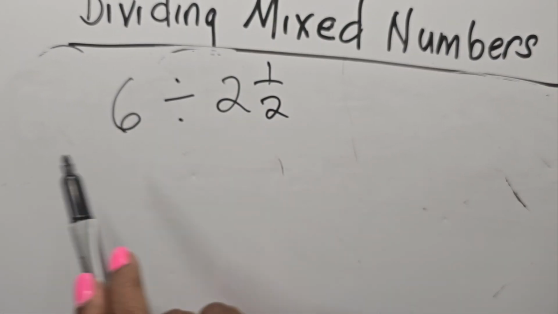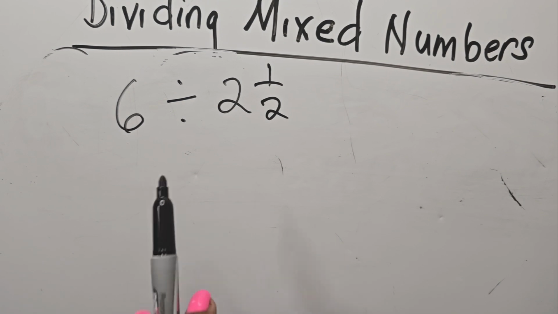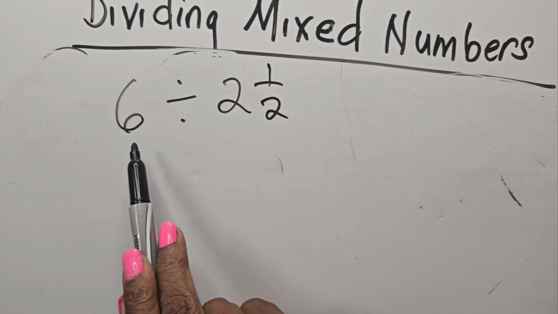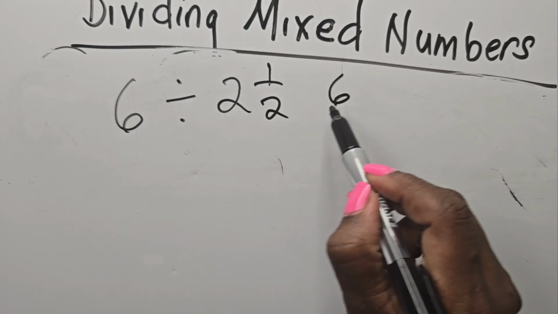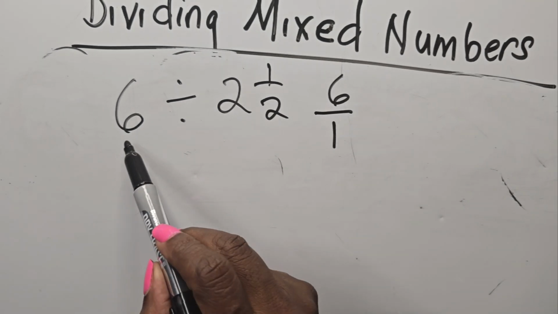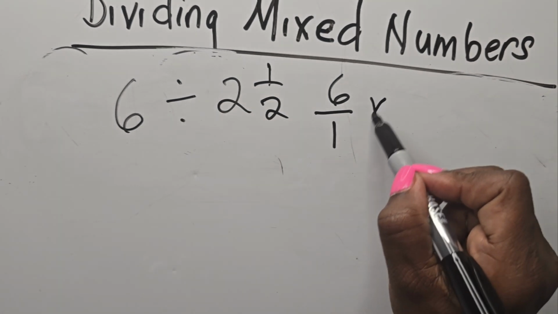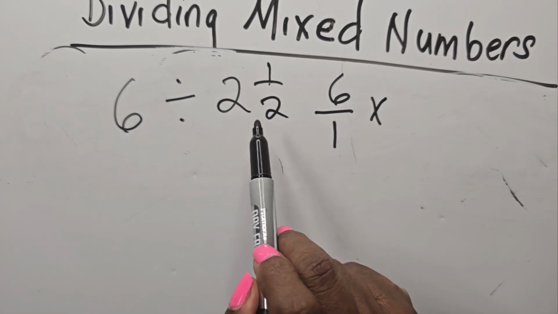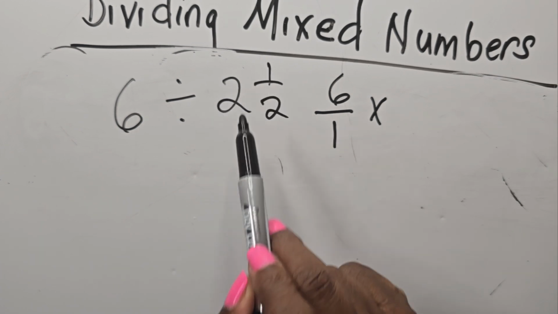All right? So you have to use your brain. You have to be on top of your math at all times. Remember, we can't do a whole number by itself. So step number 1, we change the whole number into a fraction. This becomes 6 over 1. We change our division to a multiply. Step number 2. Step number 3, we rename and flip.